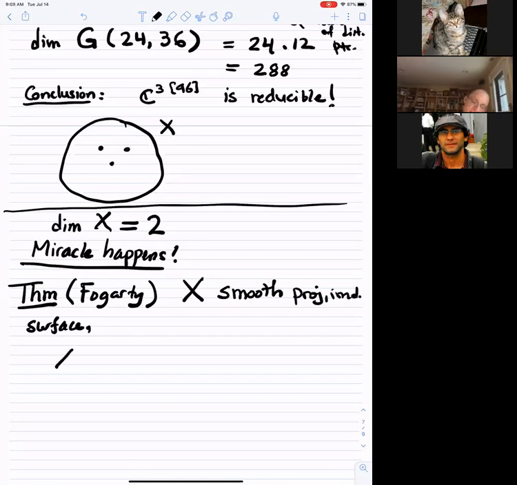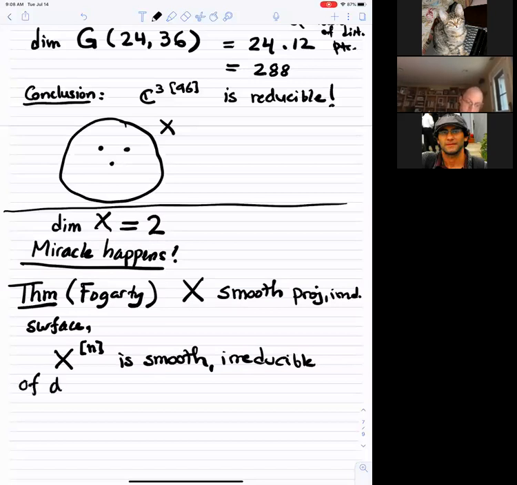Then the Hilbert scheme of n points is smooth, irreducible, of dimension 2n.